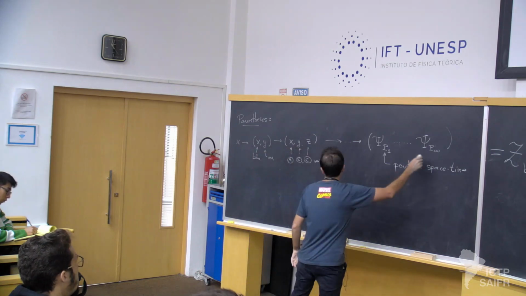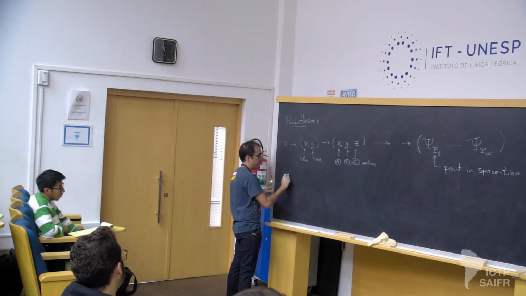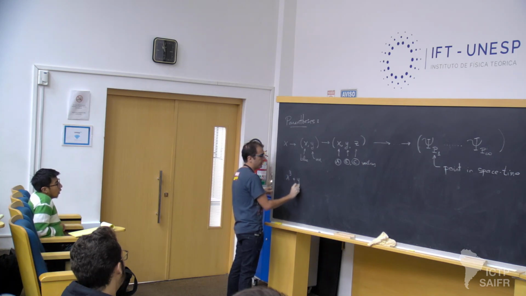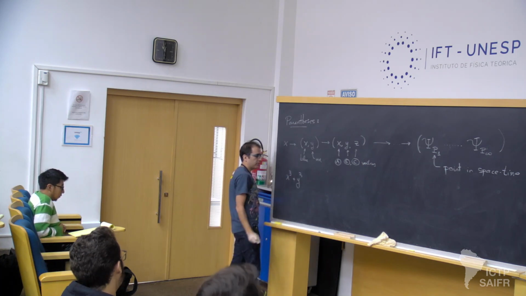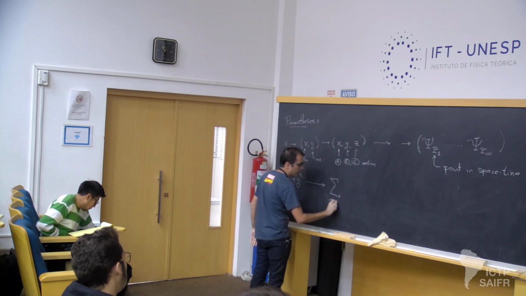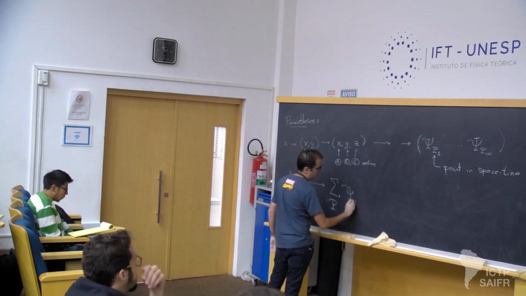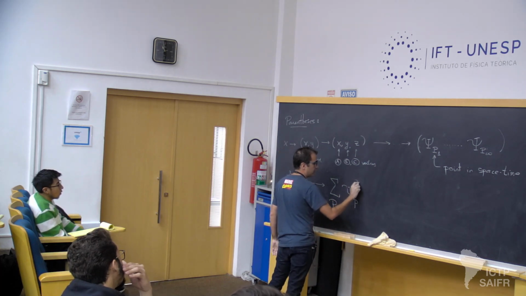And then, instead of just x cubed plus y cubed, like we had before, now it would be a summation over all points of space-time of psi associated to that point, cubed.